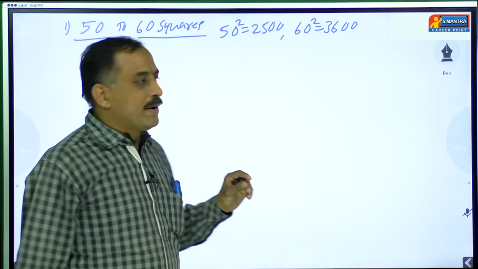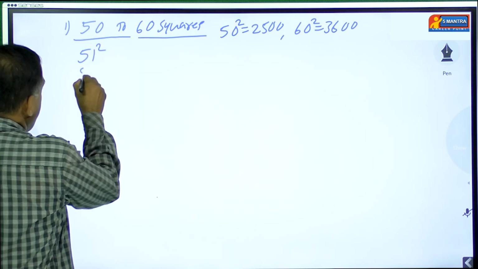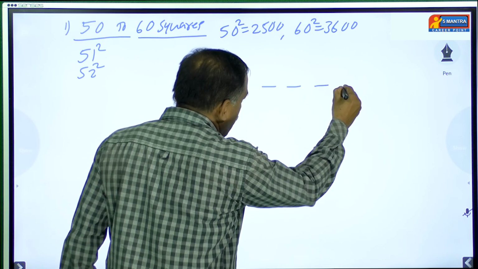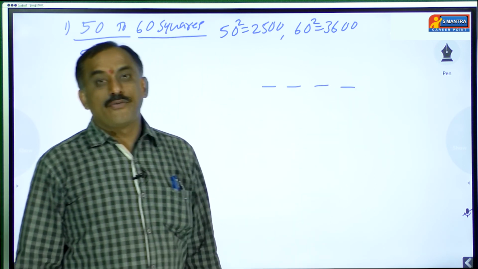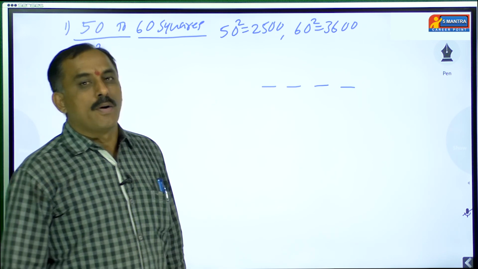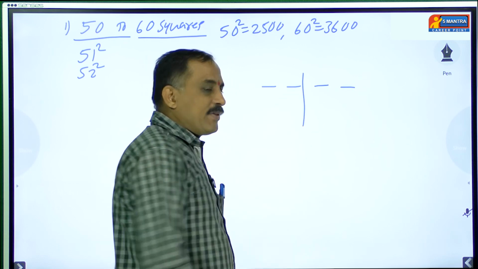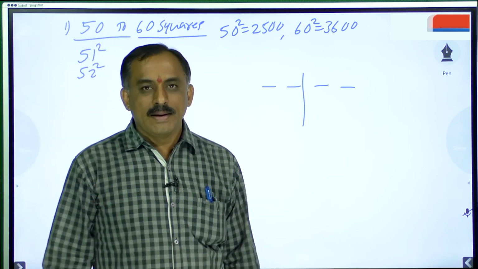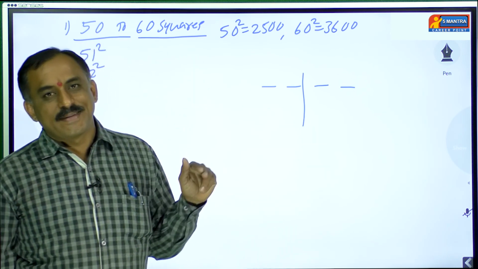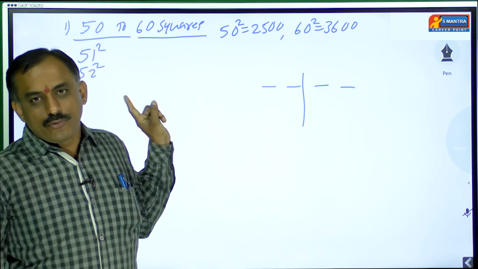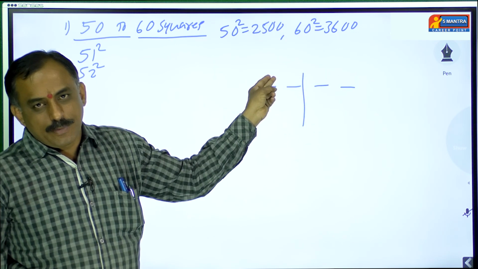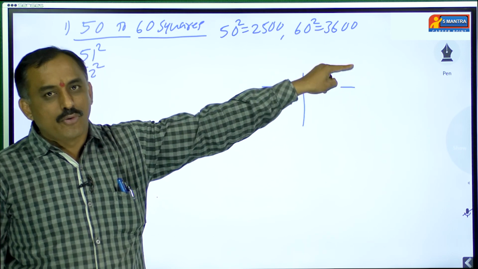Now 51 to 59 squares. The square of each of 51 to 59 is a 4-digit number divided into two parts. The first part is a 2-digit number and the second part is also a 2-digit number.